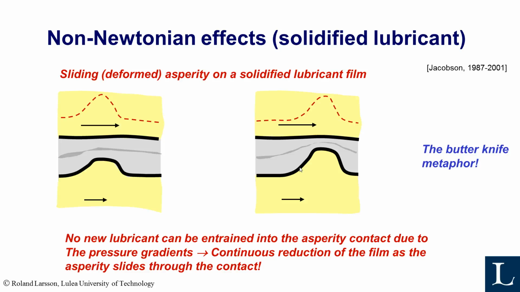You may compare that with buttering your bread with a butter knife. If you take some butter on the knife and move it over your sandwich, and you reach the end of the sandwich with butter still on the knife, then you have good lubrication.